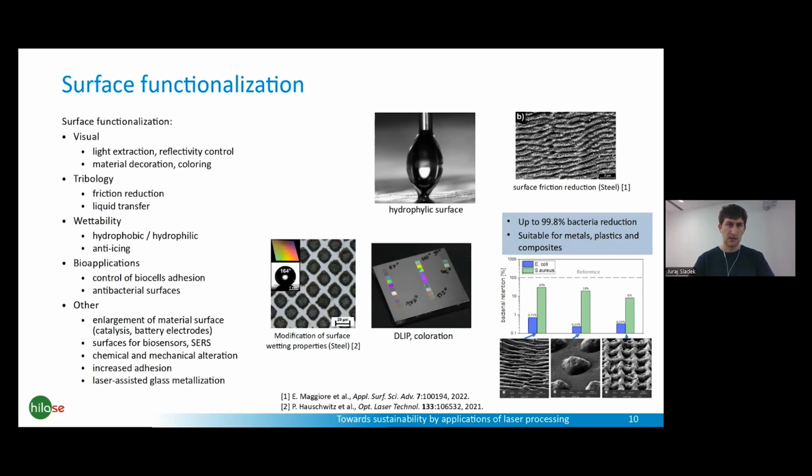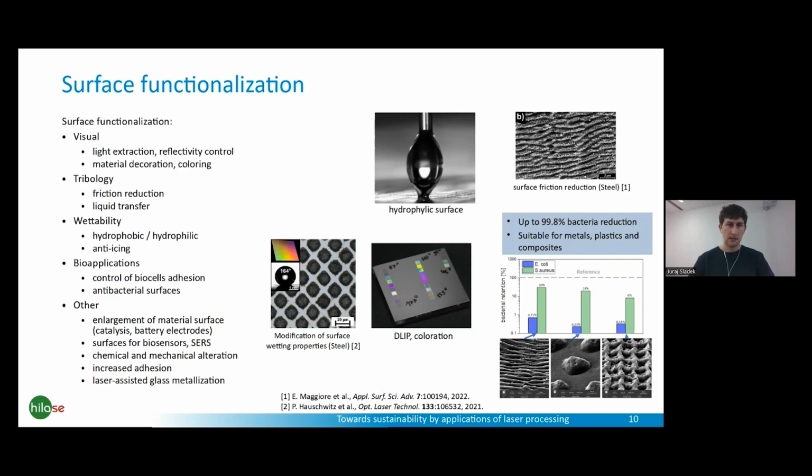There are structures to make the surface more hydrophobic, or, on the other hand, hydrophilic. There are structures which are anti-icing, which is maybe good for planes, so that there is no ice on the wings. There are also applications for biology. For example, some cells tend to adhere to the surface in some preferred orientation, or some cells don't like it when the surface is structured.